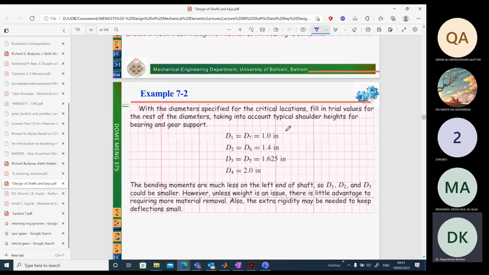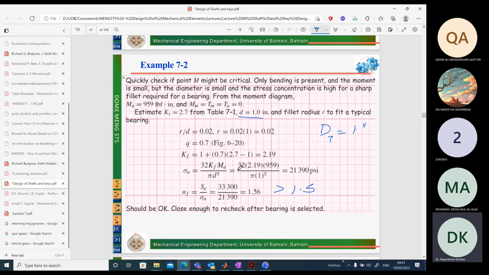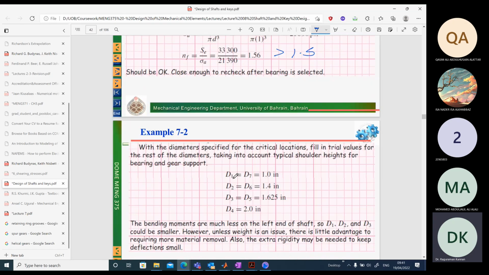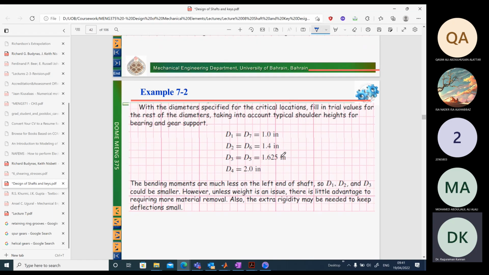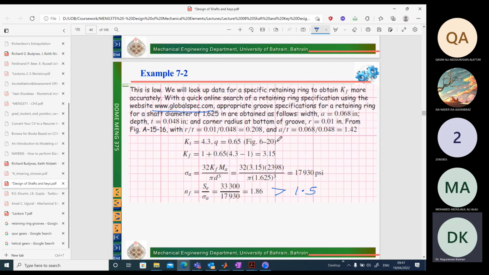He has assumed typically 1.2 capital D over small d ratio. Let's see here. Again, we see here the smaller diameter is 1 inch, D7. And D6 is given here. Yeah, 1.625.